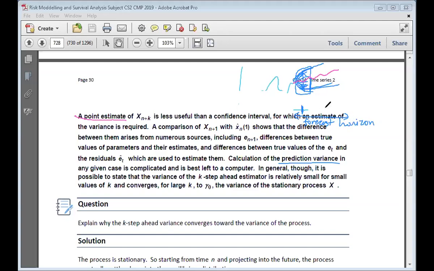And as you increase it, it is more likely that the variance will increase, because the more steps ahead you are trying to forecast based on the information that you have up until today, the less and less sure you will be of that value, because this value also depends on this and that, which you do not know any of yet.